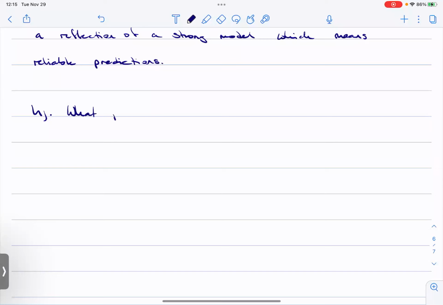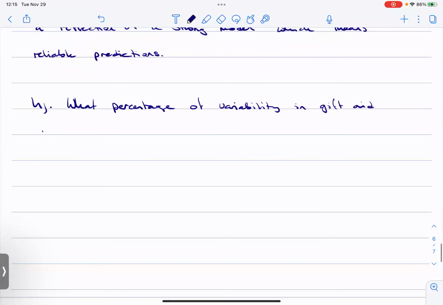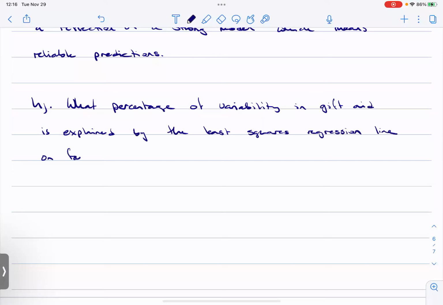So what percentage of variability in gift aid is explained by the least squares regression line on family income?